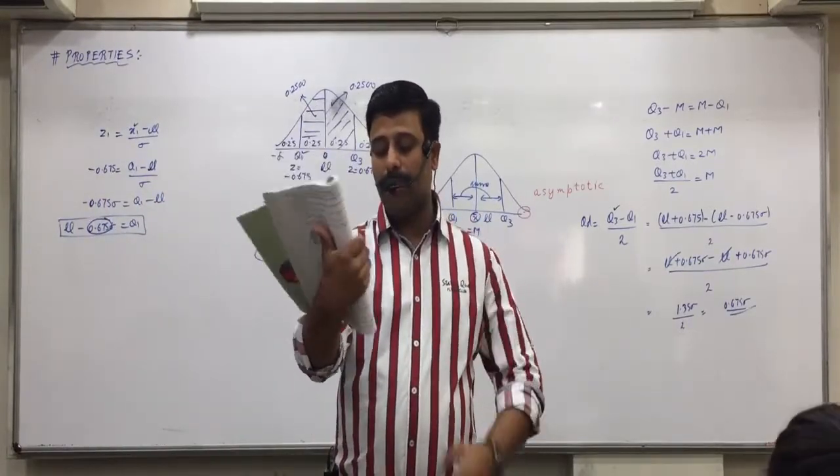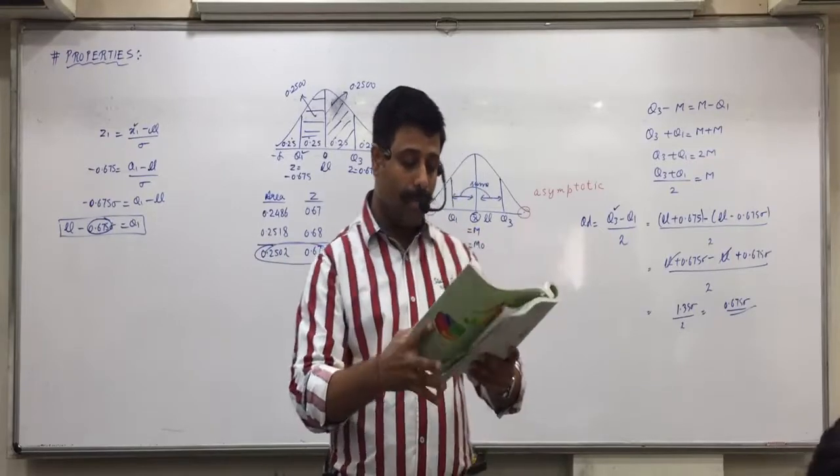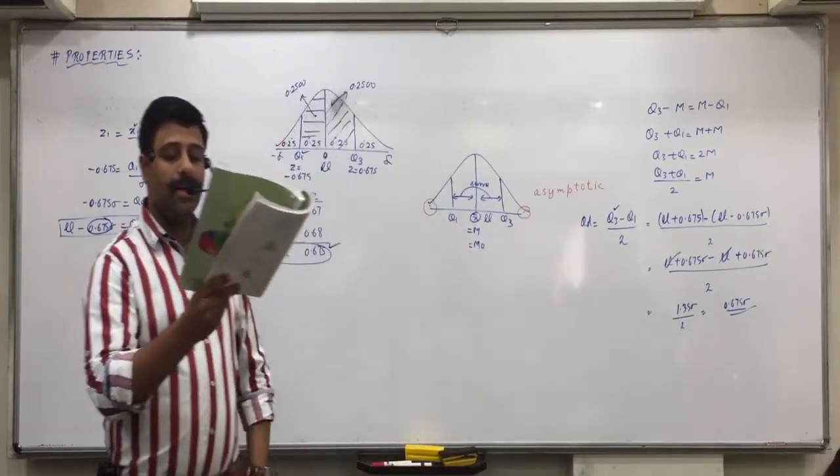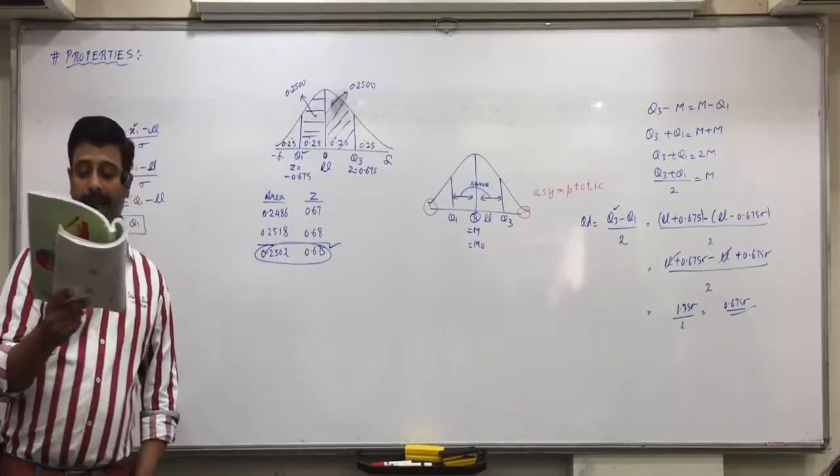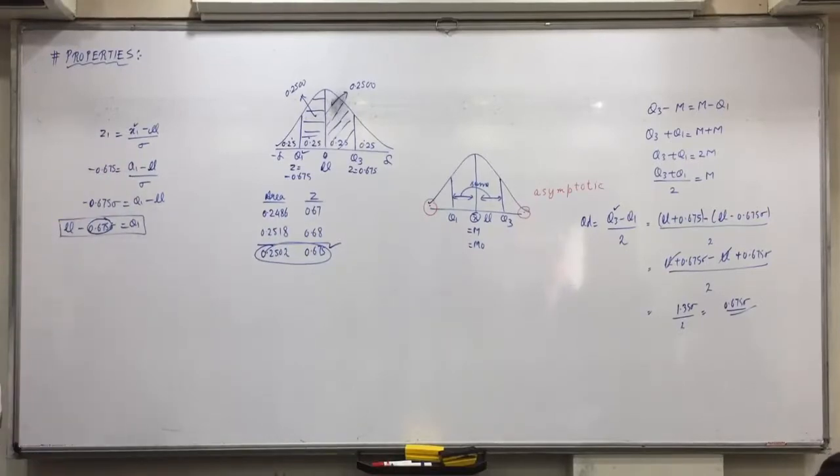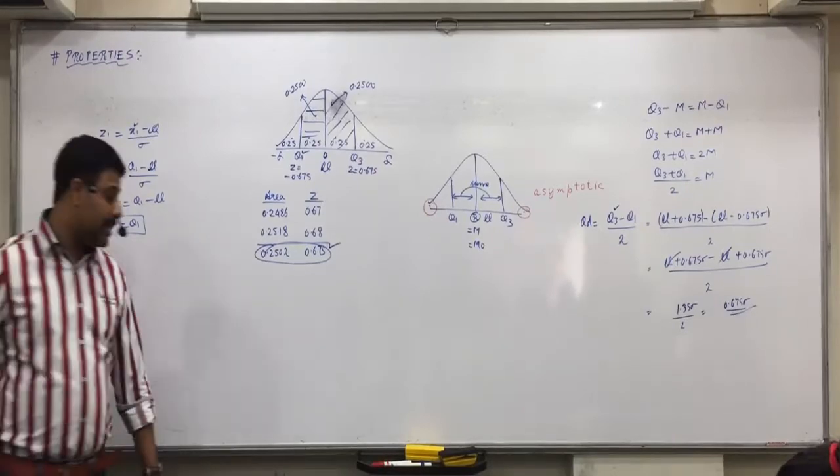Important areas under the normal curve are as below. Total area under the curve is 1, you already know, and area on both the sides of the perpendicular line at x equals mu is 0.5. Now, the area under the curve between the perpendicular lines mu minus sigma and mu plus sigma is 0.6826.